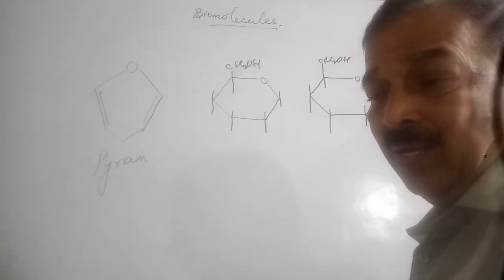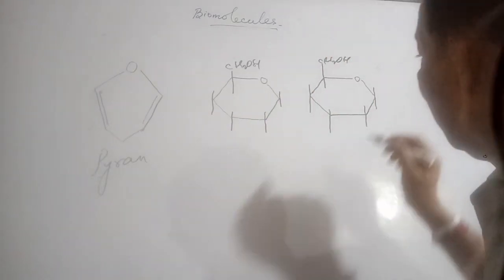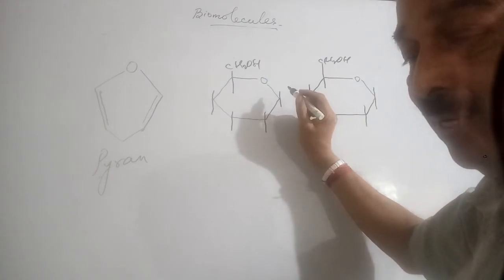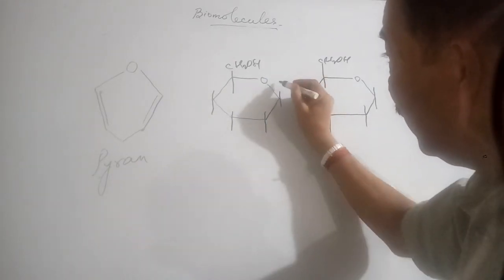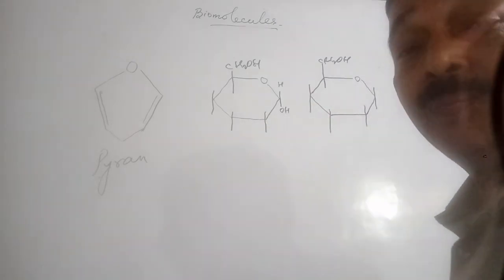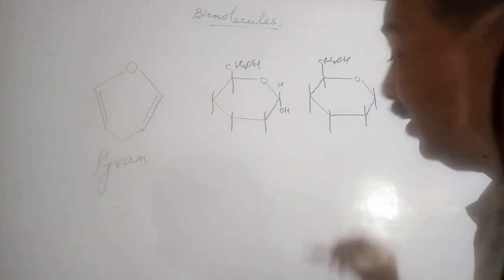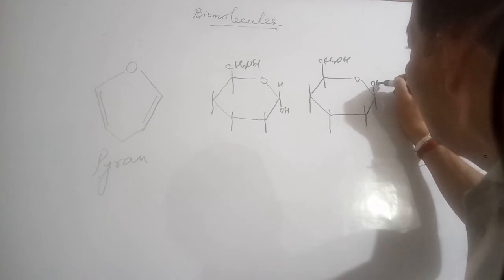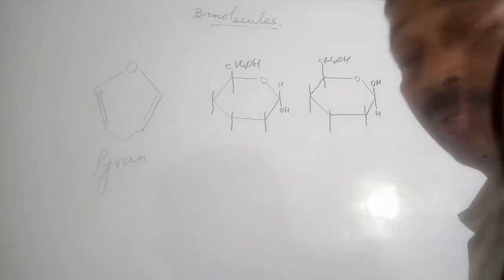Just compare the structures at the first carbon. In case of alpha, H is at the top and OH is down. In case of beta, OH is at the top and H is at the bottom.